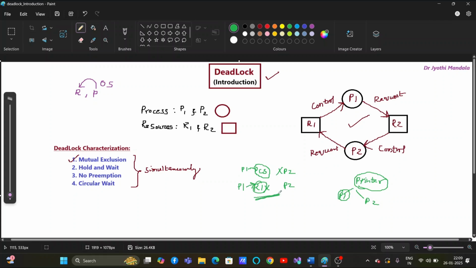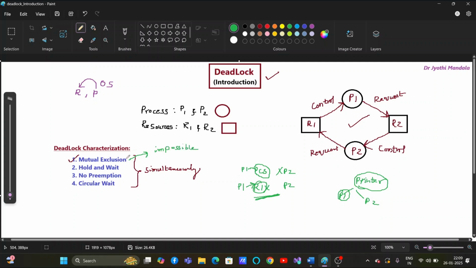But because of this condition, it may lead to deadlock. Did you see here? This process has got the resource, but because it is not shared with process P2, it has led to a deadlock situation. Got it? So because of the mutual exclusion concept, it is leading to the deadlock situation. But practically, avoiding mutual exclusion is impossible.